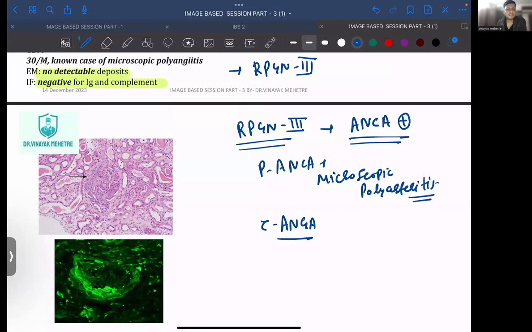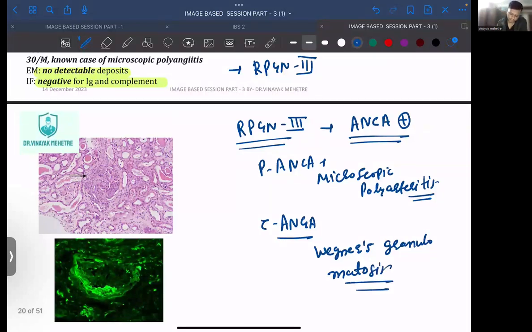And C-ANCA is associated with Wegener's granulomatosis, right?